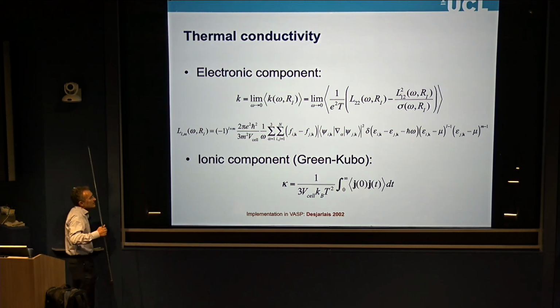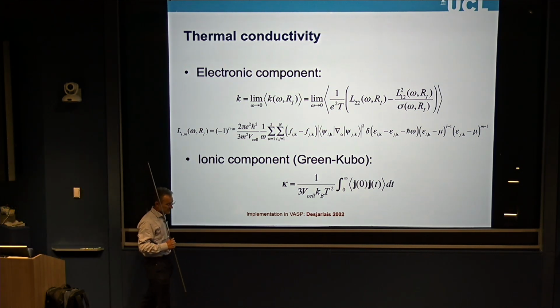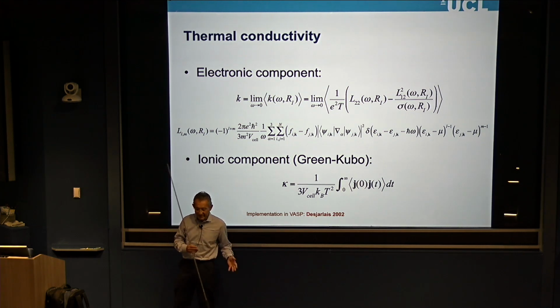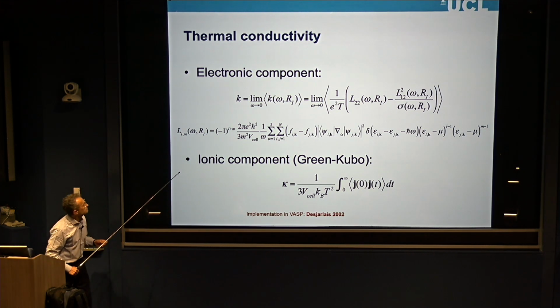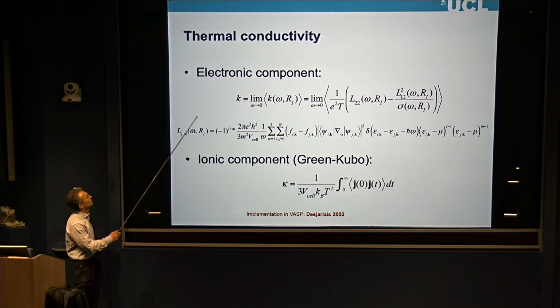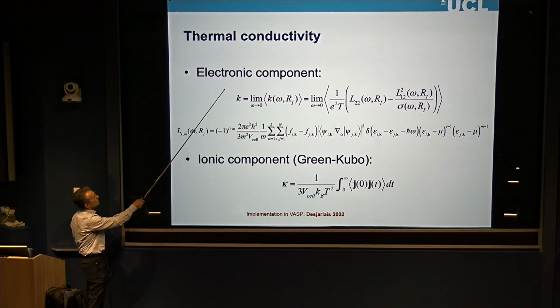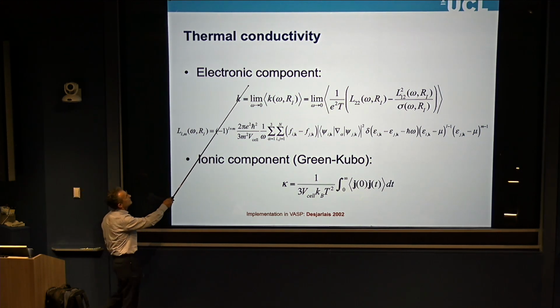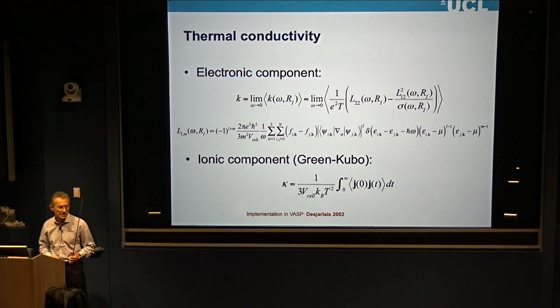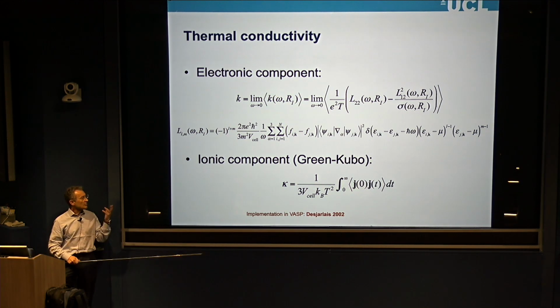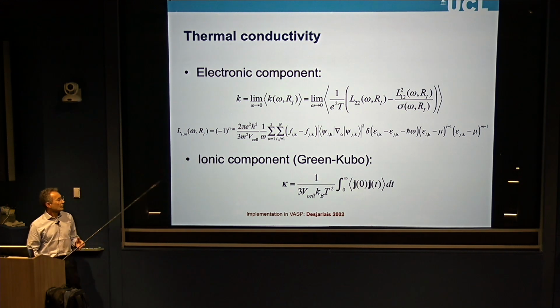That is basically the physical quantity that determines how well a material conducts heat. If it is a metal, in fact, you've got two components. You have an electronic component and an ionic component, and typically it is the electronic component you are interested in, as the ionic component is probably only a few percent of the total.